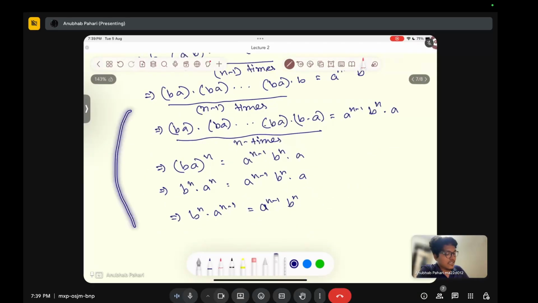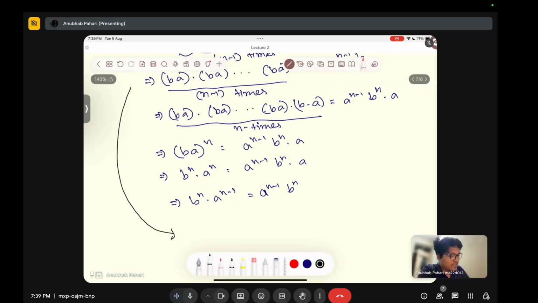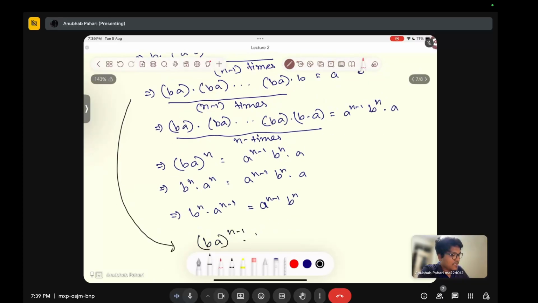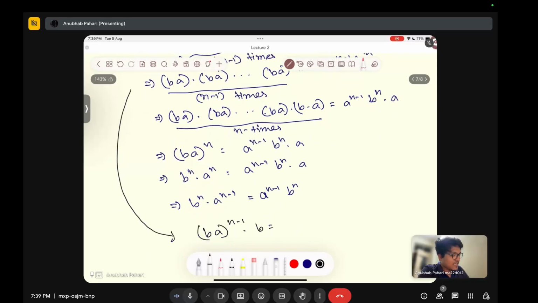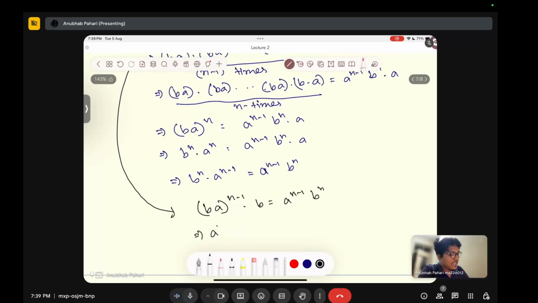Okay, I get it. She wants to use the previous result. So from here you did this n minus 1, b^n, and from here you used a^(n-1) b^(n-1) b, but this is identical, right? No, sir.